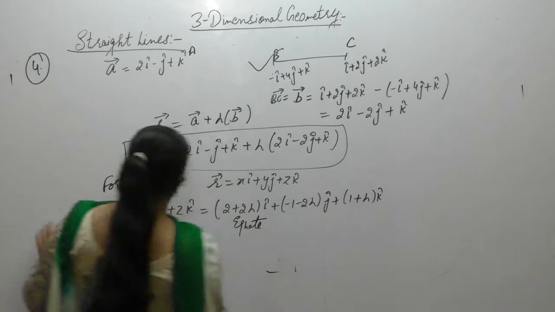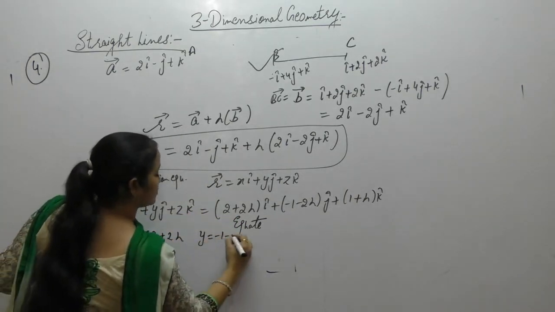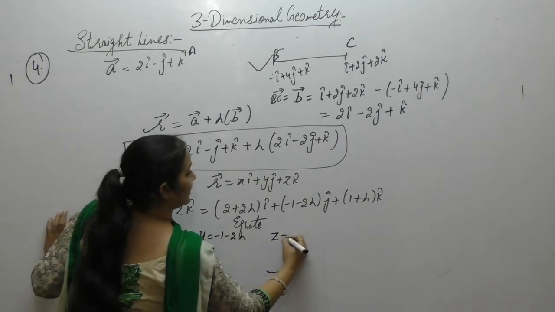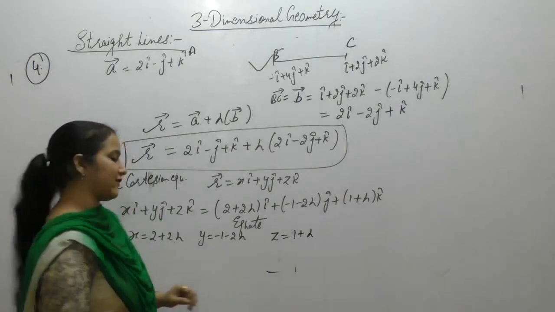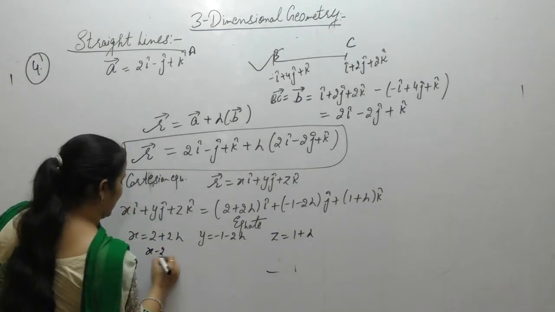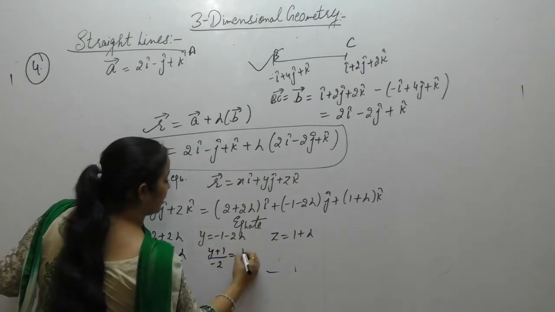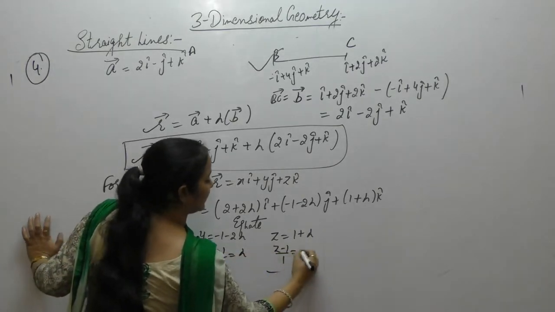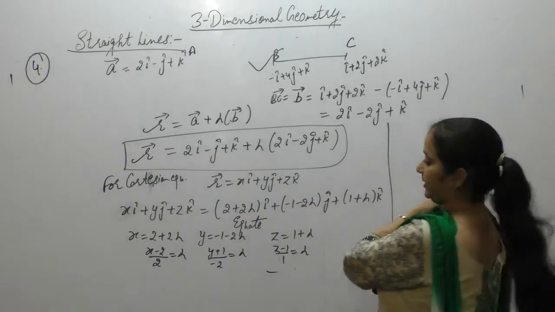What we get? X is equal to 2 plus 2 lambda, y is equal to minus 1 minus 2 lambda, z is equal to 1 plus lambda. From these three equations, find the value of lambda: (x minus 2) upon 2, (y plus 1) upon minus 2, (z minus 1) upon 1. Now all these values are equal to lambda, so equate these values.